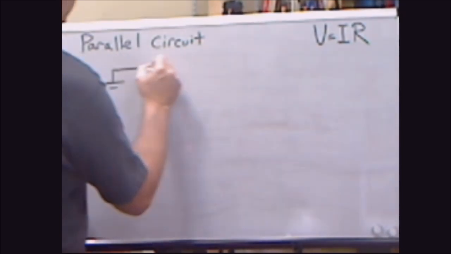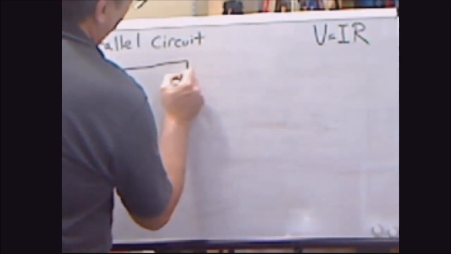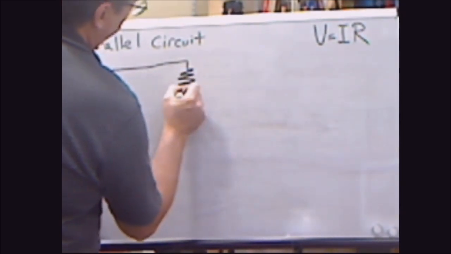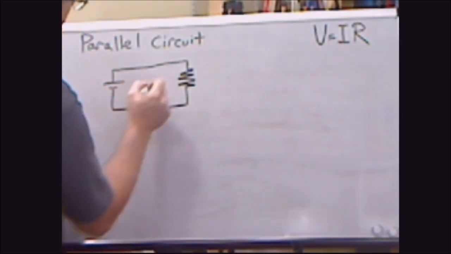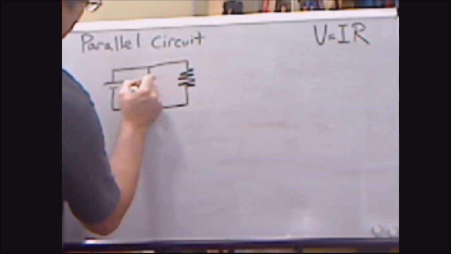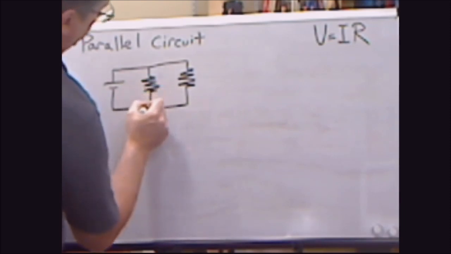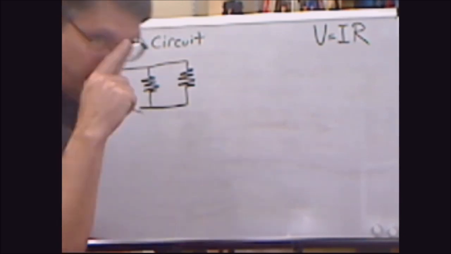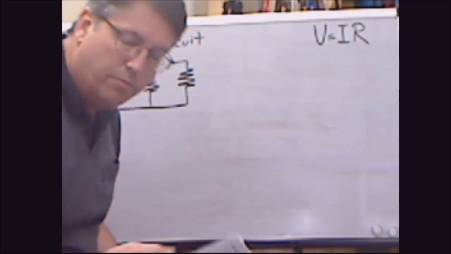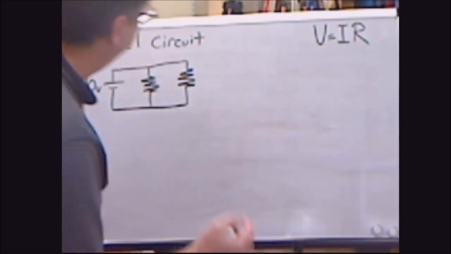So in a parallel circuit, your components are all hooked up. You can think of it as like a rail or something like that. So assuming that we have resistance-free wire, this is all superconductor wire of the future.